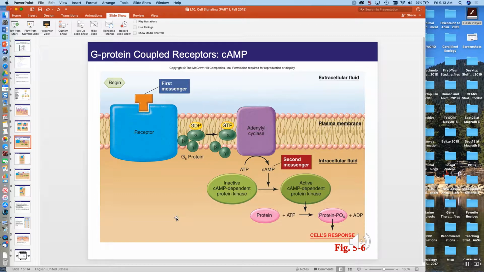So that can actually go and target channels like CFTR and activate it.